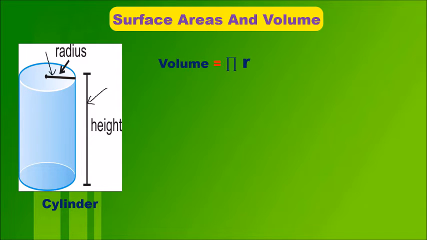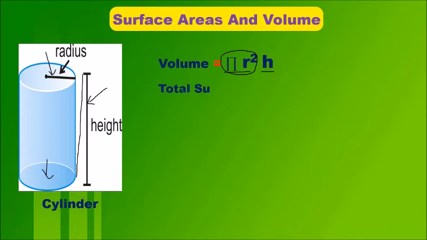So the volume of cylinder will be equal to pi into r square multiplied by h. Here pi r square is the area of this base. The base is just like a circle, so area of this circle is equal to pi into r square. This area is multiplied by height to get the volume of this cylinder.